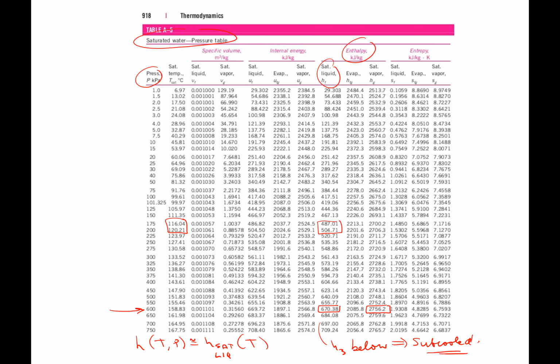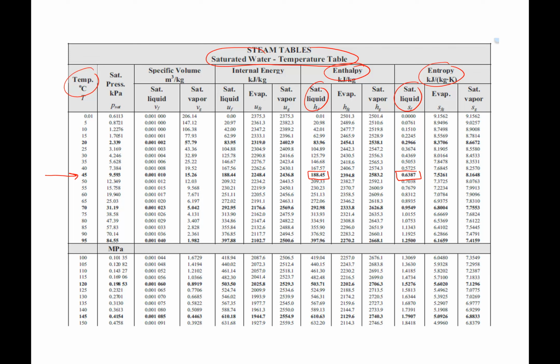But I'm going to go find a saturated temperature table. Let's see, I think I've got one. Yeah, here it is. Here's a saturated temperature table. I'm going to look in the saturated liquid value of the H for 496.13. 496 falls in here. So then the temperatures are between 115 and 120.